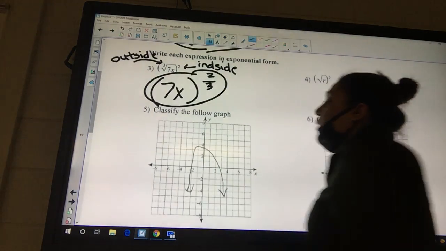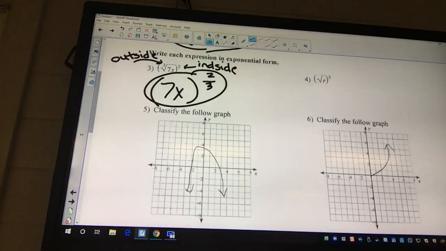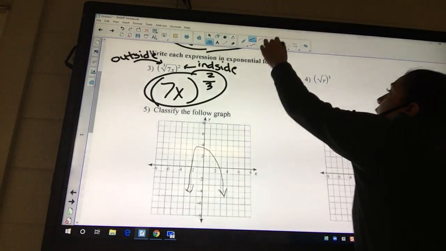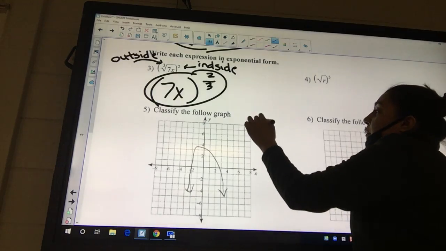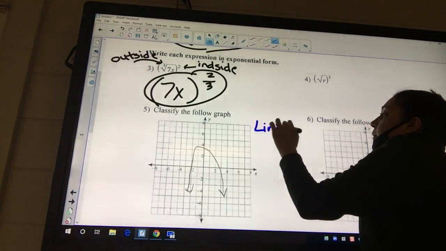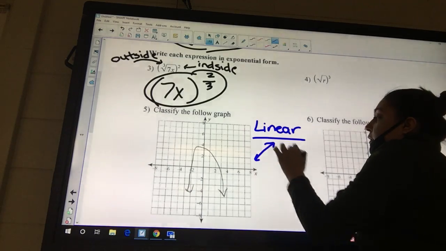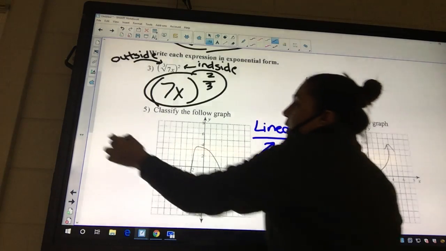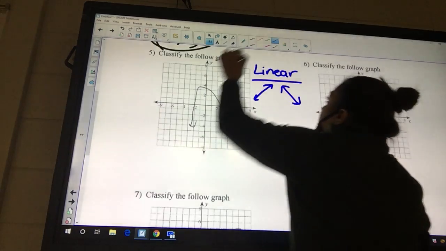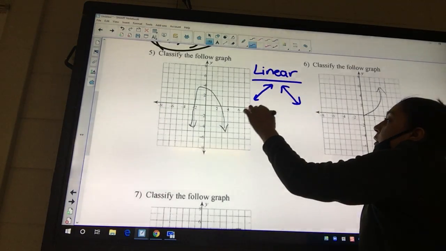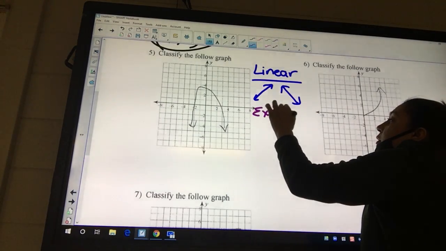Okay, what about 5? What type of graph is that? And I'm gonna write some notes on here real quick actually. So we have 3 different types of graphs. We have linear, and they look like this. Make sure you have good notes at least once, especially if you don't know how to spell the word. Exponential.